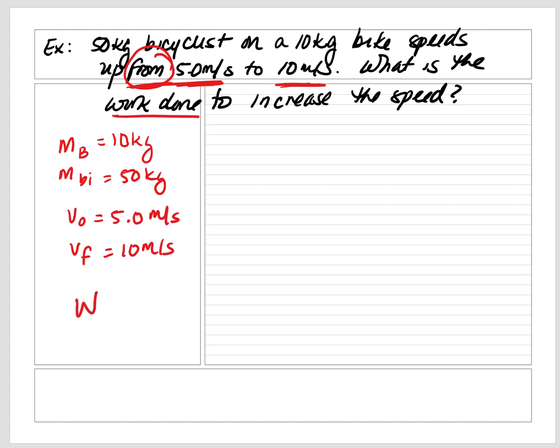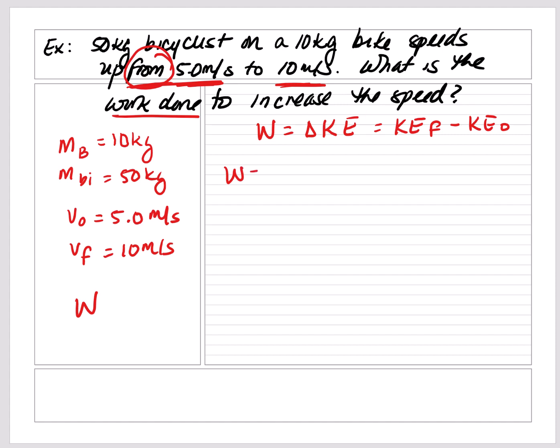So the only formula that we know that has work and velocity and mass is the work-energy theorem. So work is equal to change in kinetic energy, and we know kinetic energy is KE final minus KE initial.